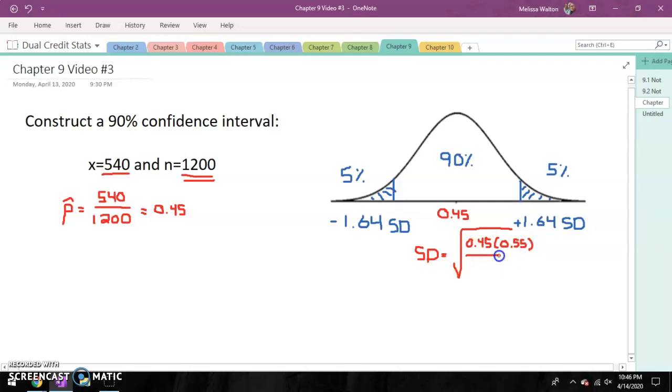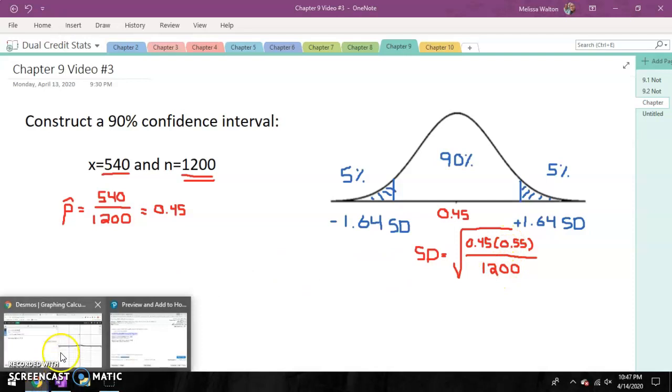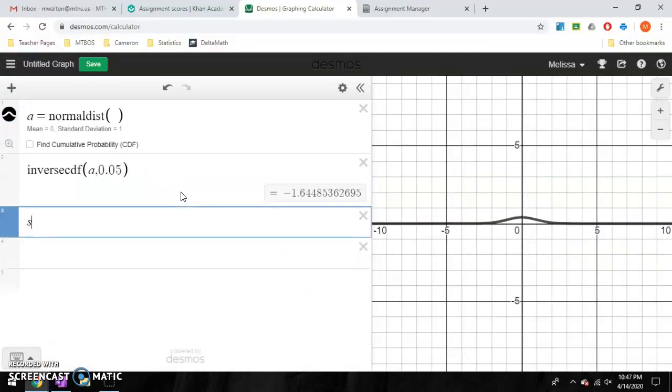And then finally, how many total things were sampled? Make sure you choose the right number here. This is 1,200 that were sampled. So 45% had that characteristic, 55% did not, out of 1,200 total that were sampled. Let's look at what that comes out to be.